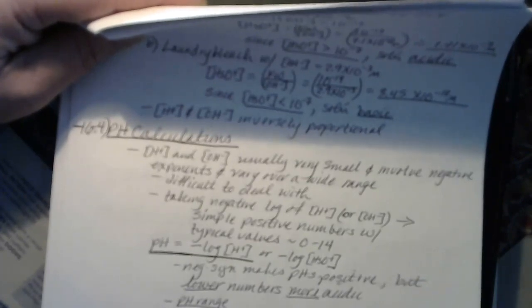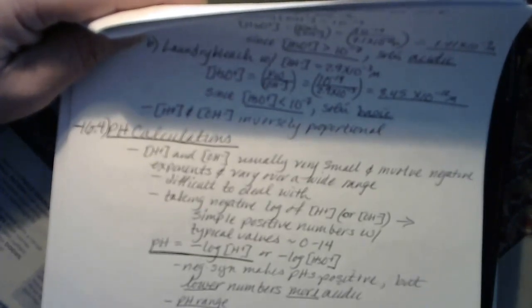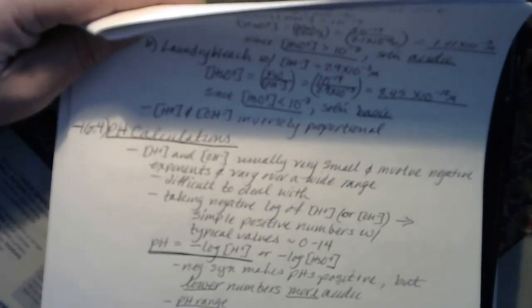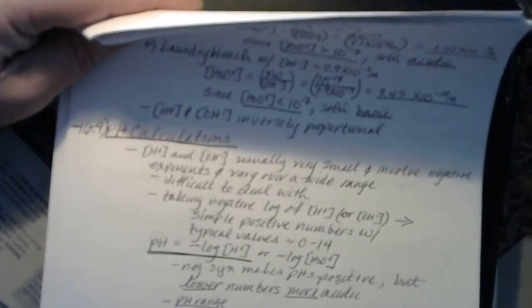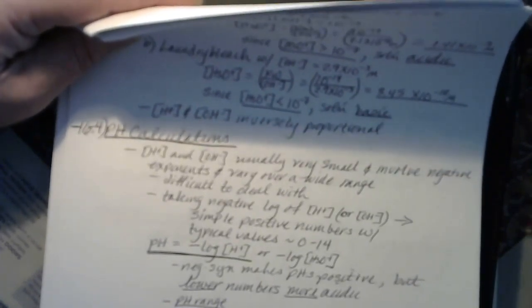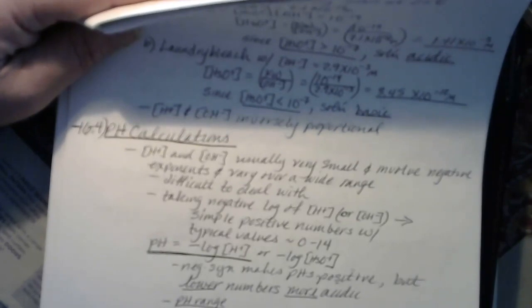So that's the main reason the idea of pH was developed, because pH has the effect of, for one thing, removing the negative sign, but also acid and base concentrations can involve a huge range of values. In terms of acid or H plus ion concentration, you can go anywhere from, say, 12 molar or so down to 10 to the minus 14 molar. And that is a huge range in terms of the magnitudes of the numbers.